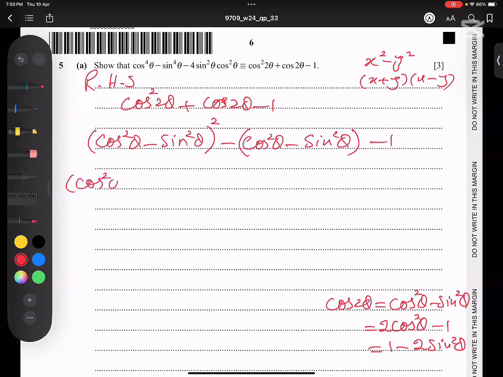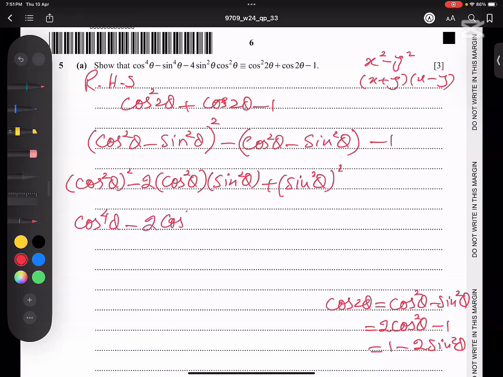Squaring identity: first term square, negative 2 into first term into second term, plus second term square. So if I open it, I got cos 4 theta minus 2 cos square theta sine square theta, and I got sine 4 theta.